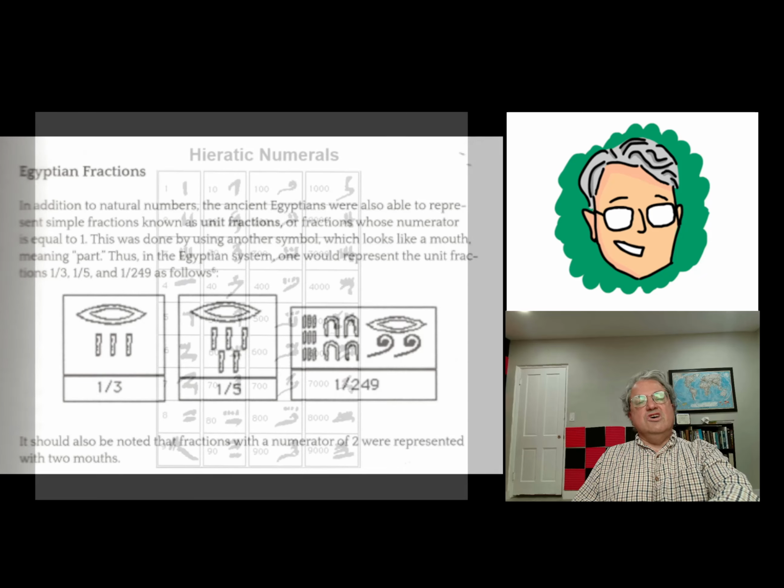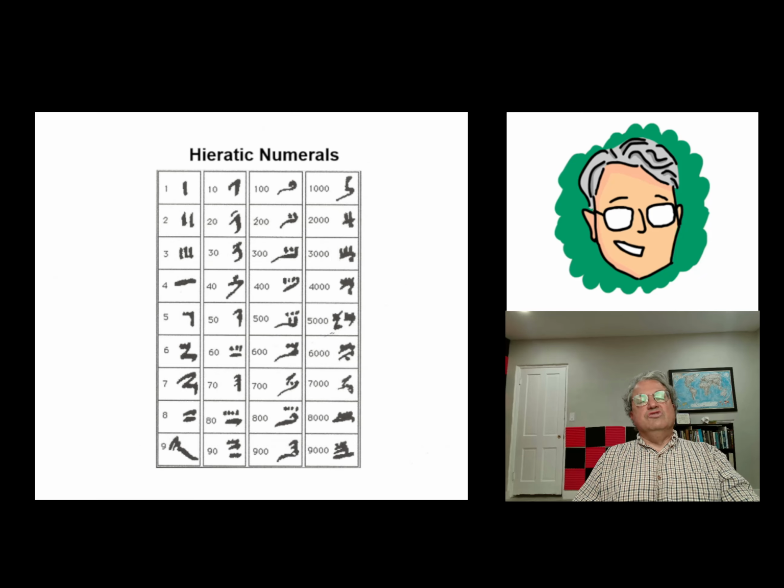And actually, there was another Egyptian numeral system that came later. These are called hieratic. This was a little bit more sophisticated system. You could represent bigger numbers this way more compactly. And we'll see that there are other number systems that are very similar to this that came later.